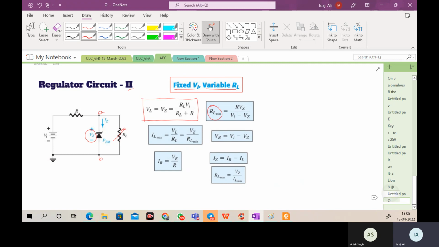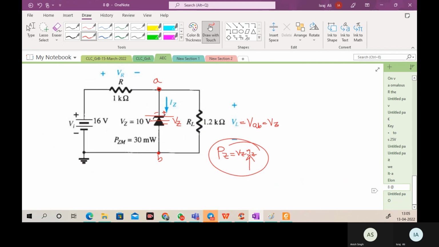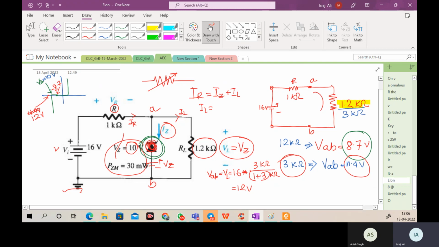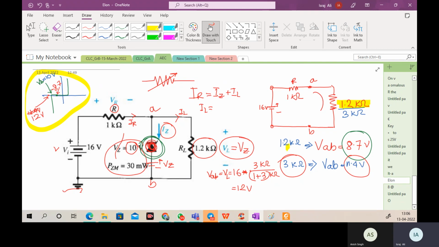Let me take you to the problem where we did this. Concentrate on this particular point, very important. When we have 1.2 kilo ohm, the diode is not on. Now when we increase the resistance, jumping from 1.2 to 3 kilo ohm, we can see the diode is on.